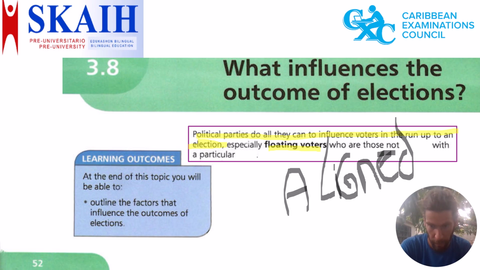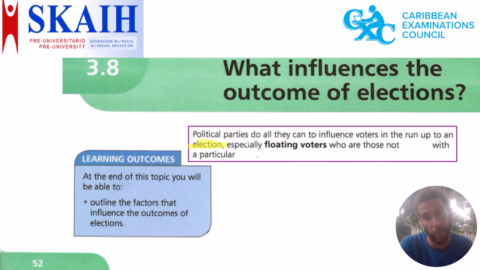The word here is align. When you've aligned yourself with a political party, you know you're going to vote for this party and you've made up your mind, you have the same ideals, or like in Curaçao, you're connected with certain candidates on the candidate list of that party. But floating voters are not aligned yet with a certain political party, and they can still be convinced.